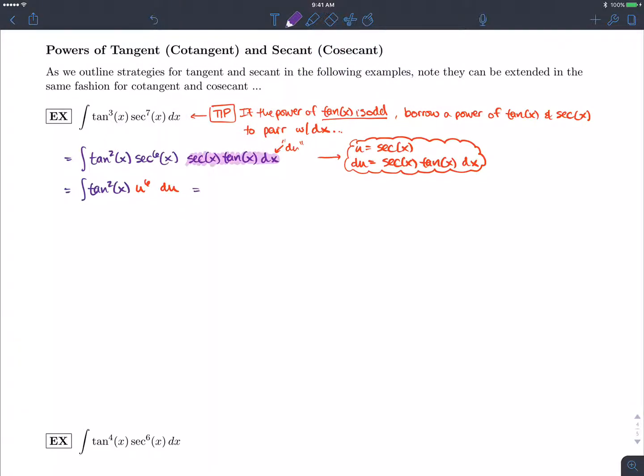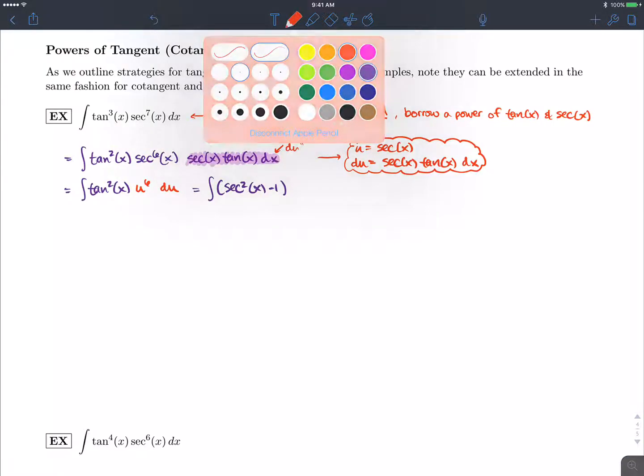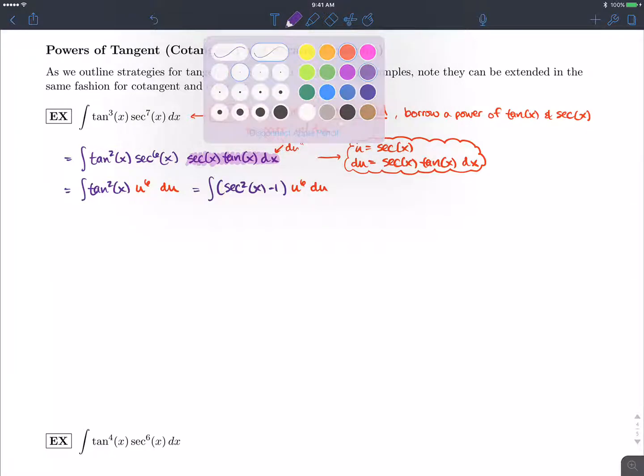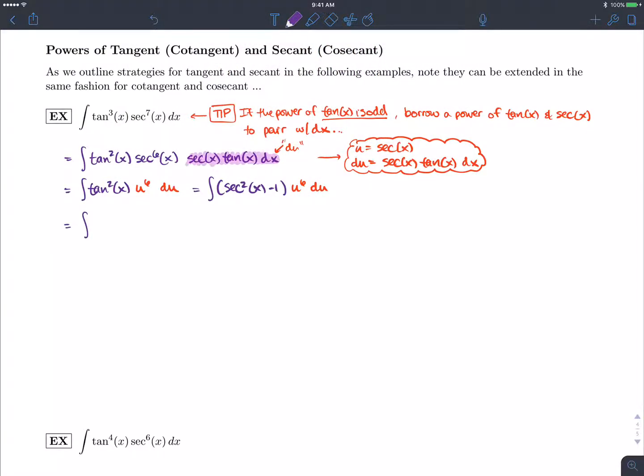So if we do that, we can rewrite this as the integral of secant squared x minus 1, and then we've still got this u to the 6th du, and then if we go ahead and substitute in u for that secant squared, we're going to be at a place where we can now integrate. So this is going to come down to u squared minus 1 times u to the power of 6 du.